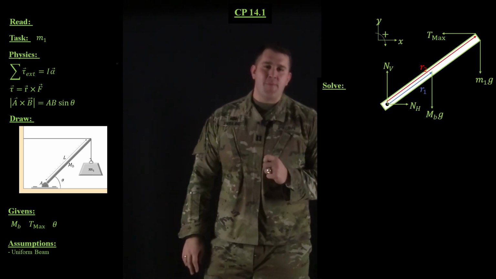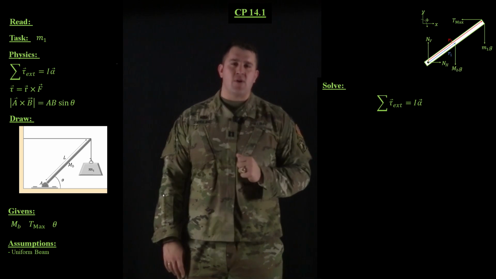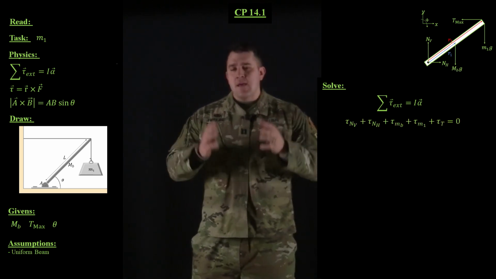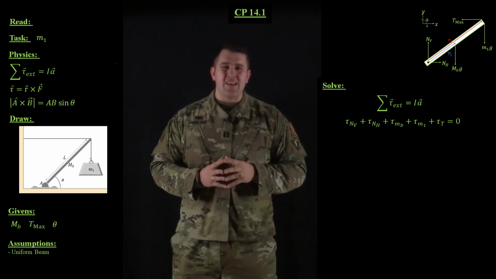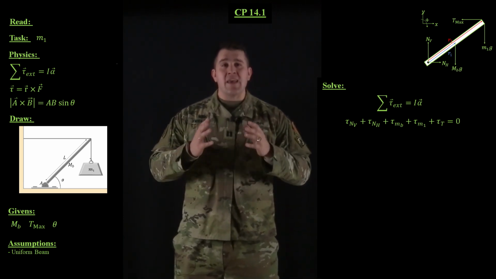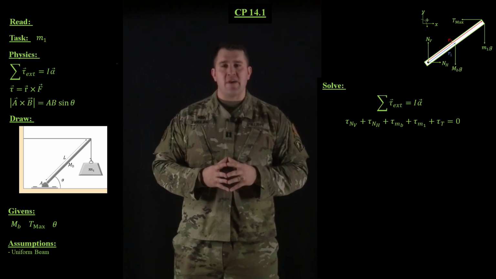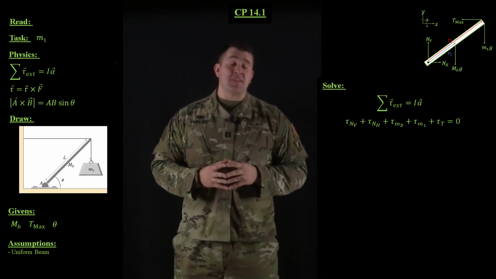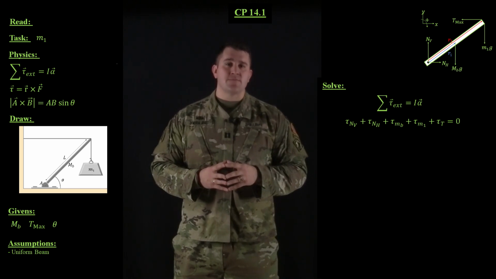Now for solving this problem, I start with the equation that's on the PRC as listed. So Newton's second law for rotation. Here I'm now going to list the torques caused by each of those forces on my free body diagram and set that equal to 0 since we're in static equilibrium.